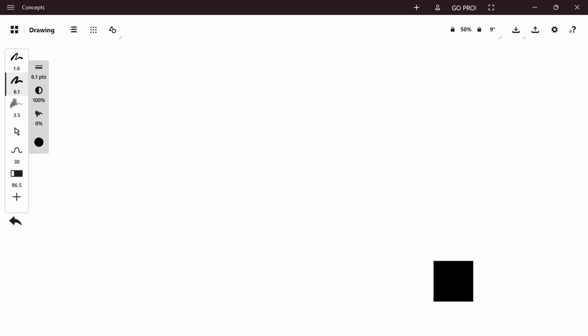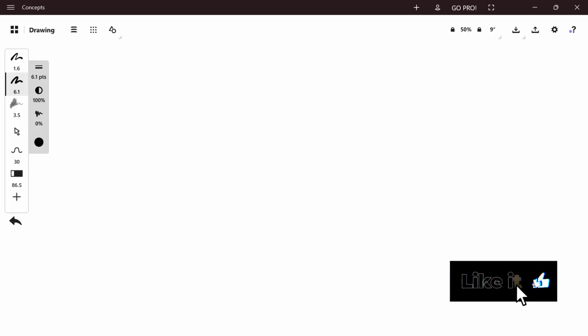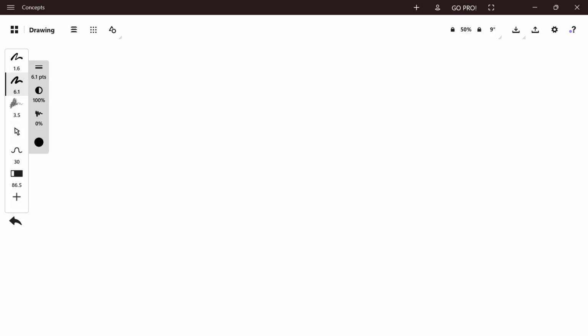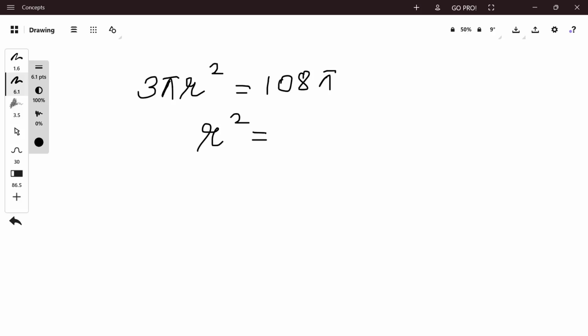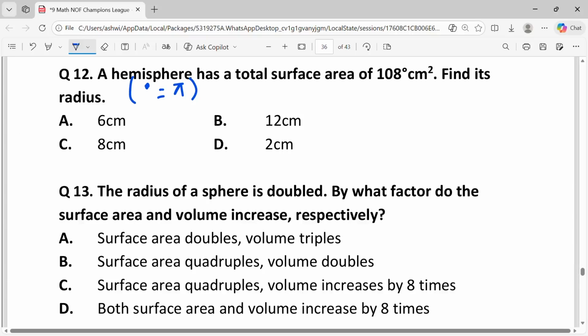Given TSA is equal to 108 pi centimeter square, we set up the equation as 3 pi r square is equal to 108 pi. That is r square is equal to 108 upon 3, which is equal to 36. So r is equal to 6. Comparing with the given options, the answer is A, 6 centimeter.